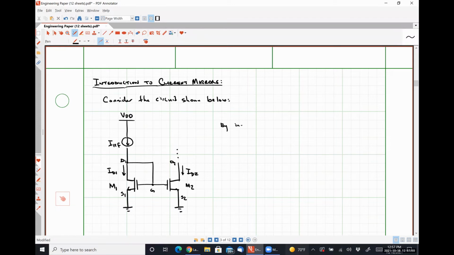By inspection, we can see that our drain current ID1 is exactly equal to IREF. Okay. So before we move on from that, does everybody understand why I can say that? We're not dealing with BJTs, so none of our reference current is going to branch off and flow through our gates, assuming that we're looking at this as a DC circuit anyway.